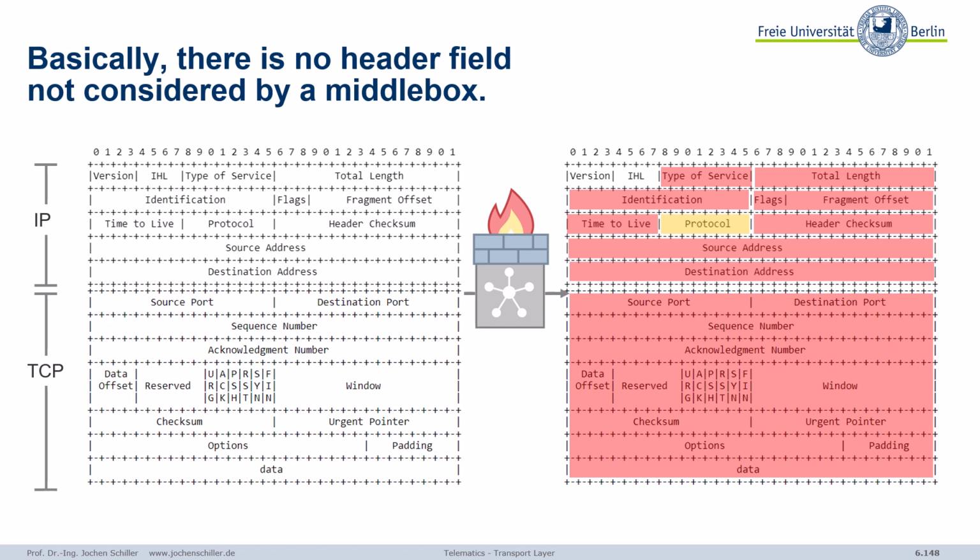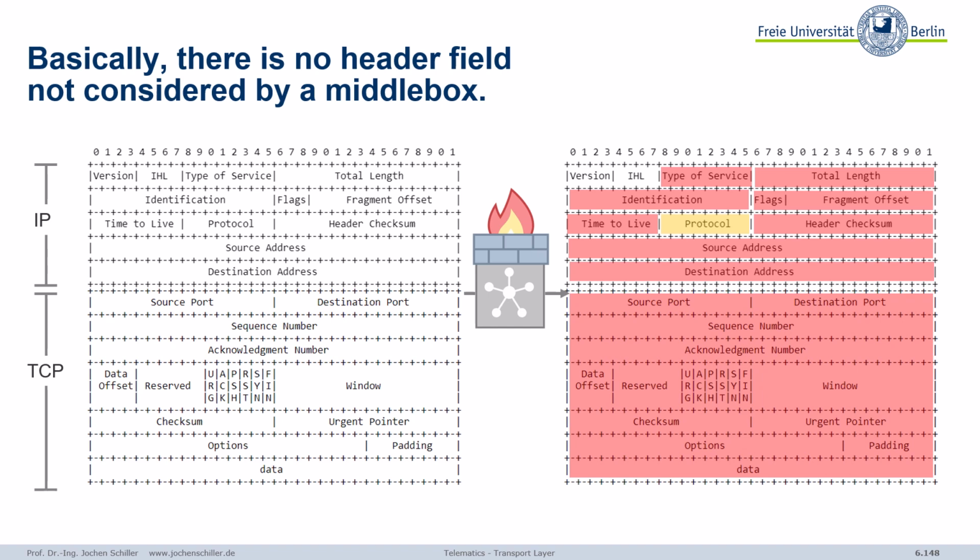There are middle boxes, sometimes called proxies, that can acknowledge packets on behalf of another computer. So acting as a server somewhere in between, acknowledging parts. You can do many things in between, but this breaks the end-to-end paradigm and causes some problems. So basically, there's no header field that a middle box cannot change.